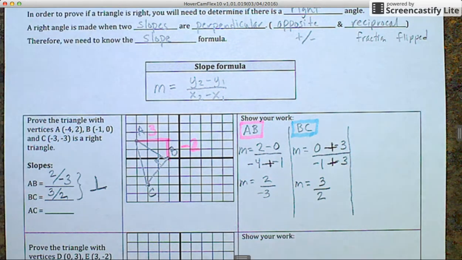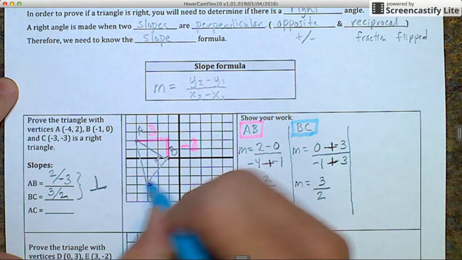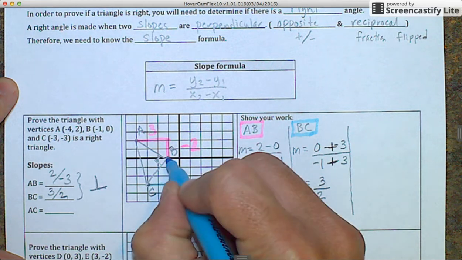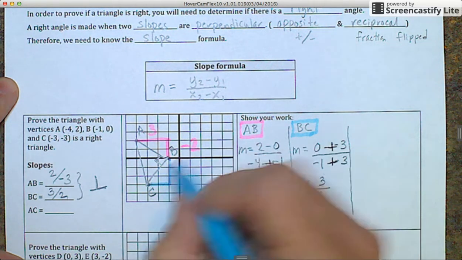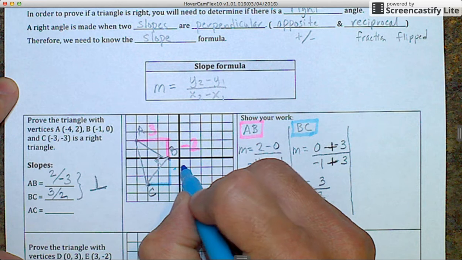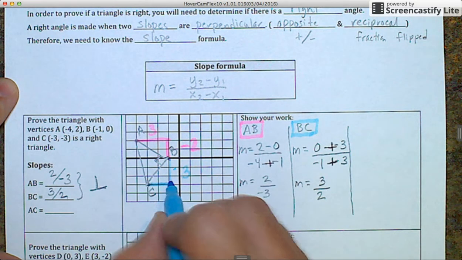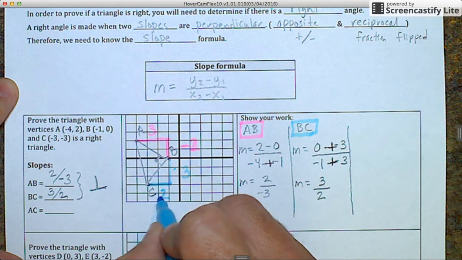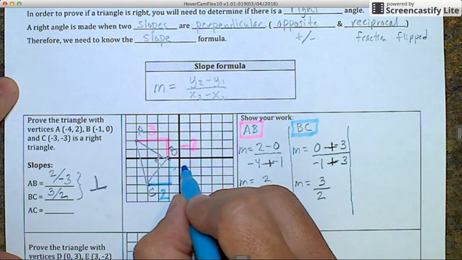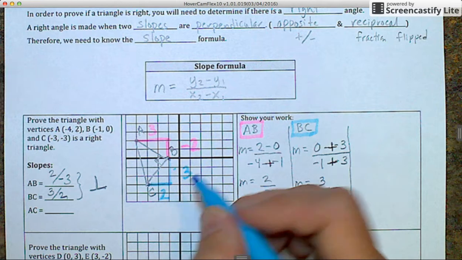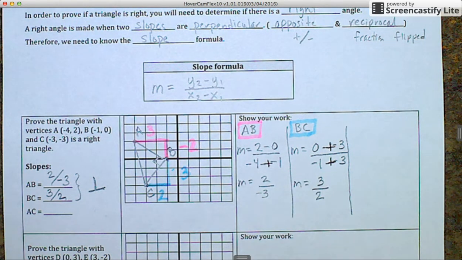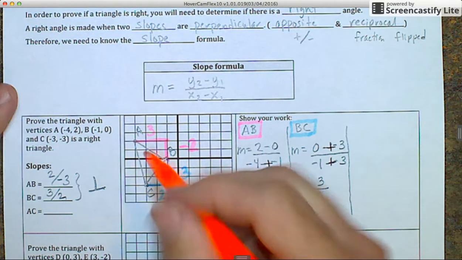For our BC, we'll go right here, use the blue highlighter, and look at this. Our rise was a positive 3. Put it there. And our run, from moving from left to right, would be a positive 2. So rise 3 over run 2. Okay, we could find the slope of AC, but you don't need to because we've already proved that it is a right triangle.